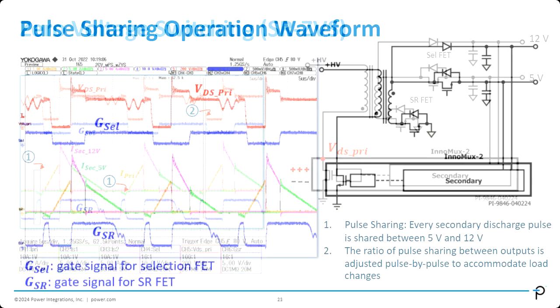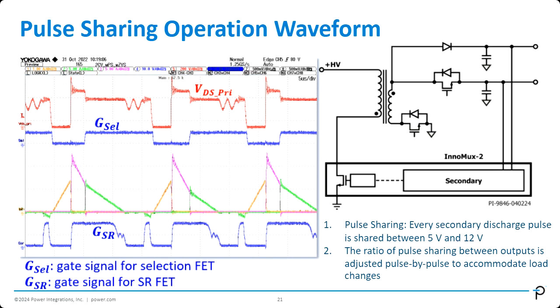Awesome. Okay. So the sharing between the two different outputs, like I said, is dependent on the loading condition. What that means is that the chip actually reads the previous conditions of the requesting.